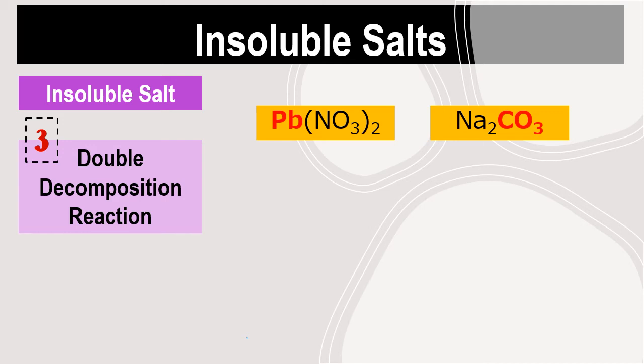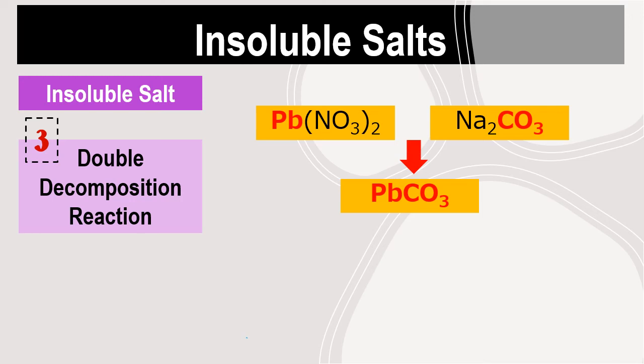So kita tahu NaK salt adalah soluble. So when we add two soluble salt, kita kena make sure apa yang cikgu tandakan dengan warna merah di situ adalah lead carbonate.